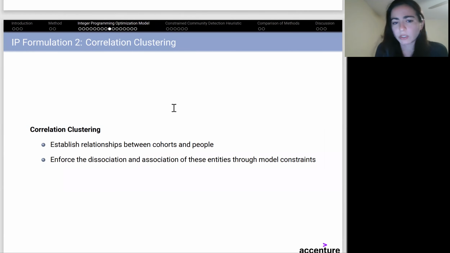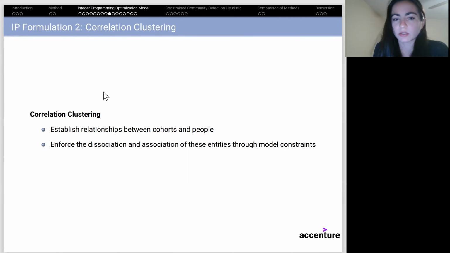So again, we have two formulations just for analysis, and the reason we have these IPs is as a diagnostic measure. So they do take a while to solve, and it's worth having two versions to see if one can get to the optimal solution quicker than the other, because they handle sparse and dense graphs differently.